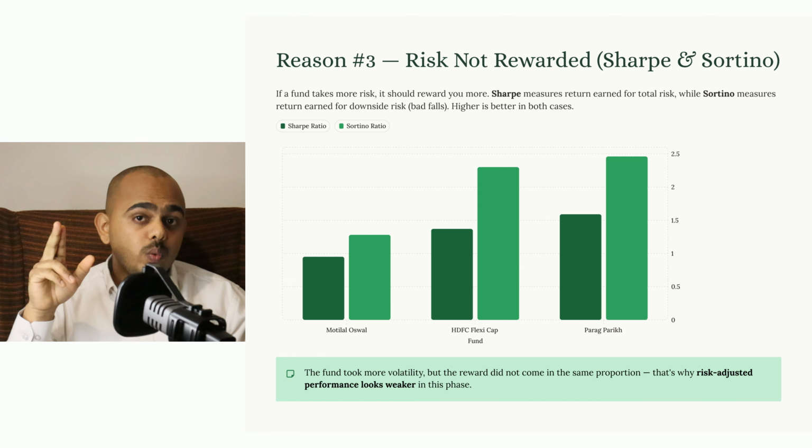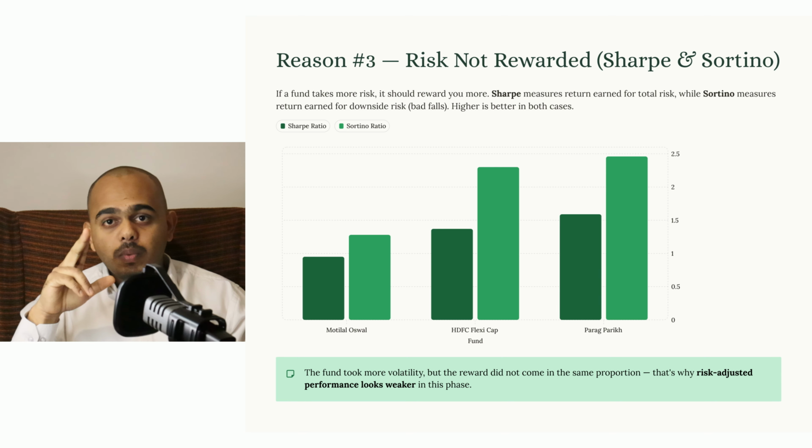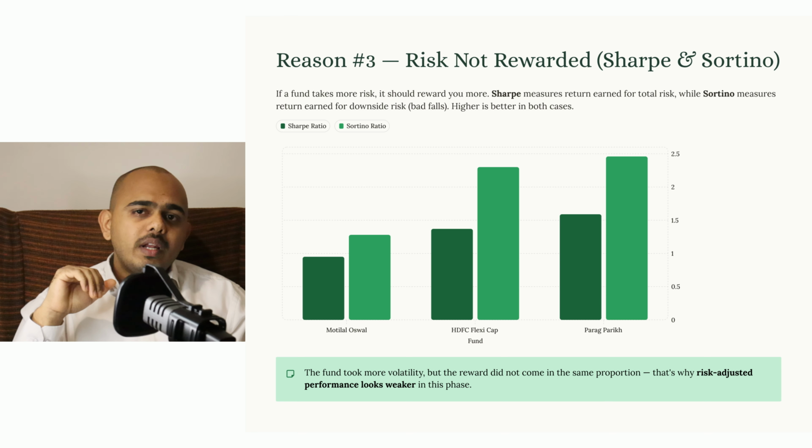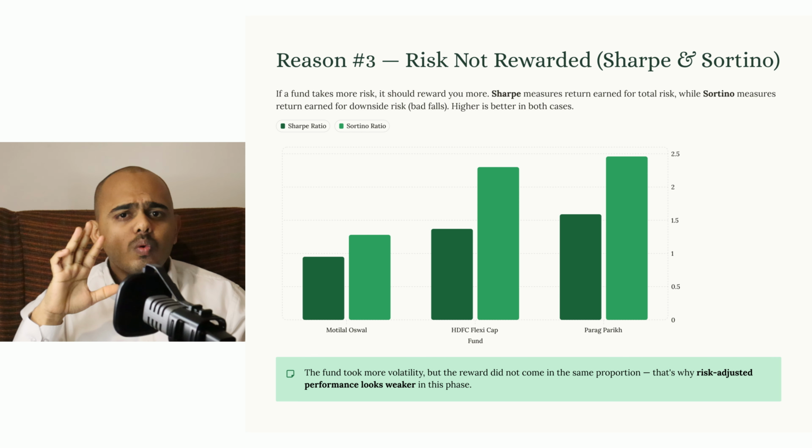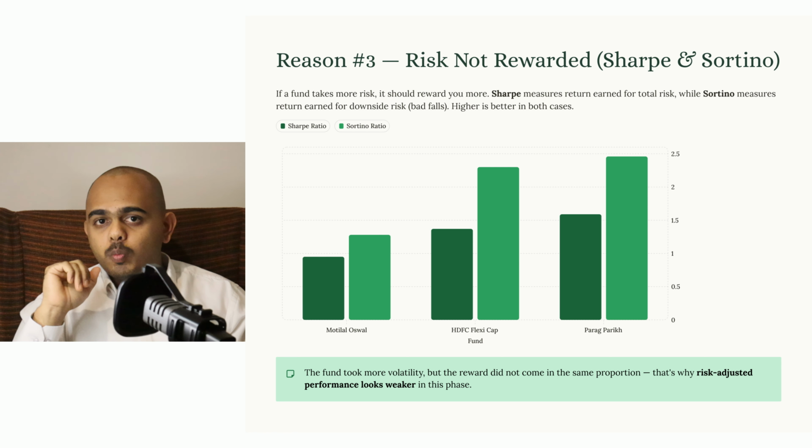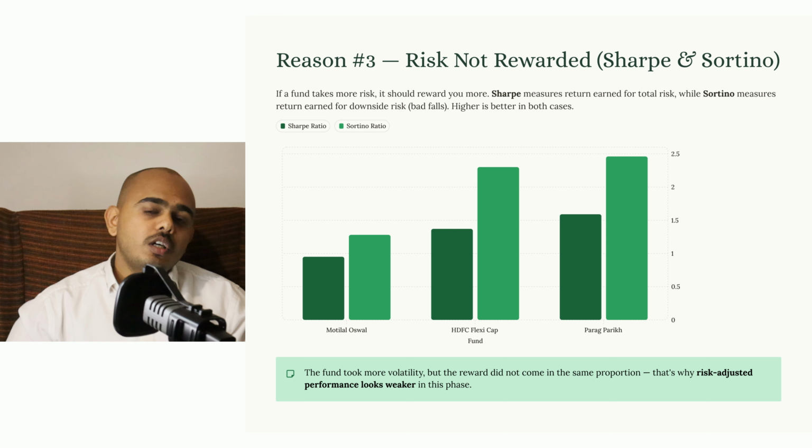Sortino is 1.28, the peers HDFC and Parag Parikh are 2.3 and 2.46. So in normal language, the fund took more volatility, but the reward did not come in the same proportion, and that's why the risk-adjusted performance looks weaker in this phase.